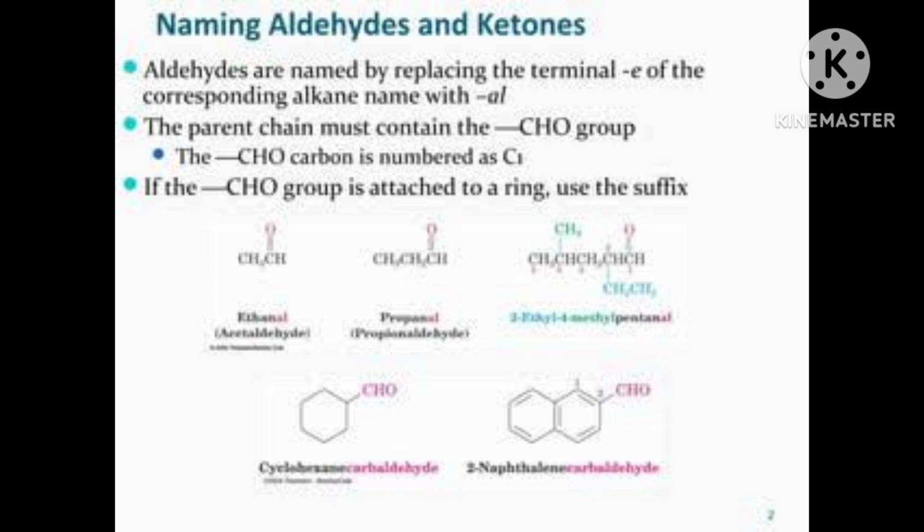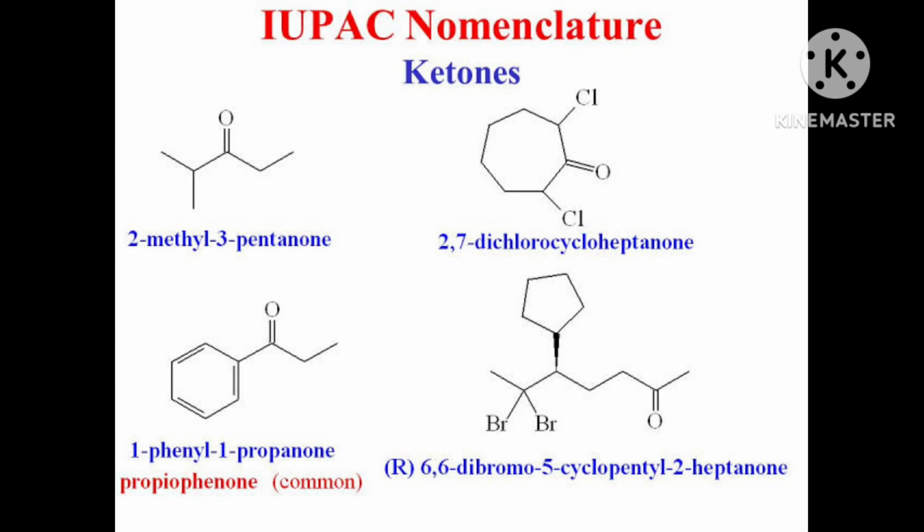Carbon number 2 and carbon number 4, because a total of 5 carbons are there, and at carbon number 2 and carbon number 4 a methyl group is attached, correct? Then CO is in the middle.